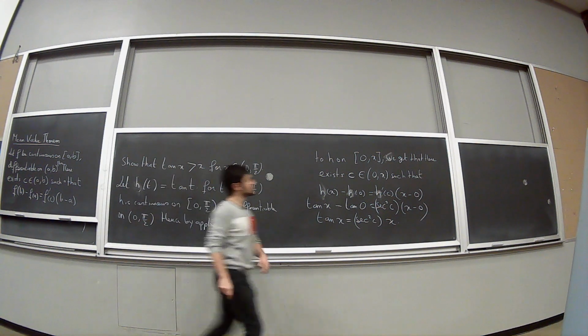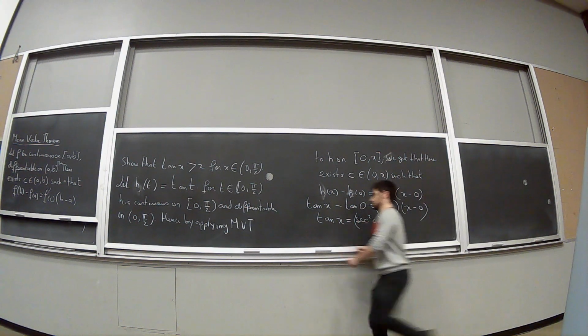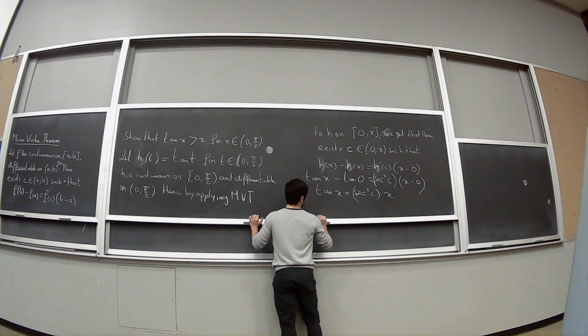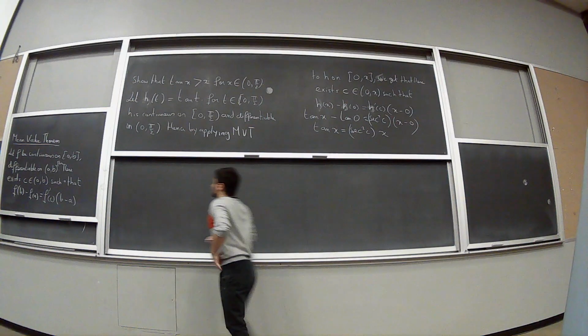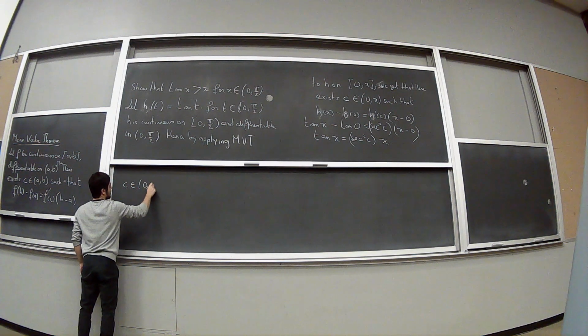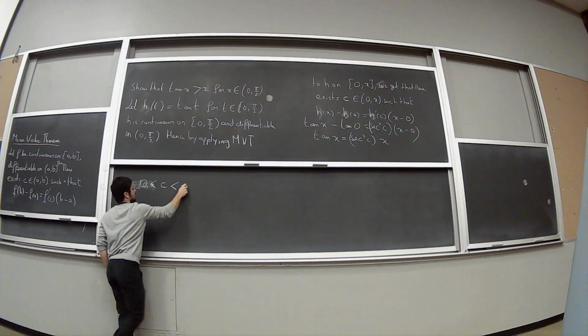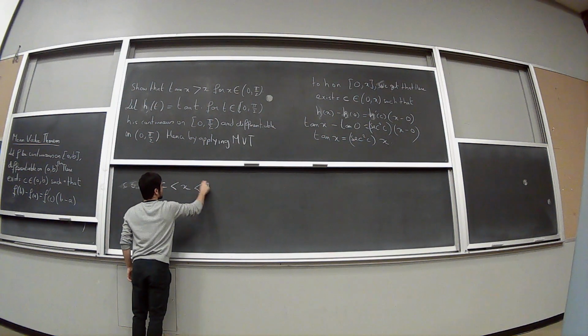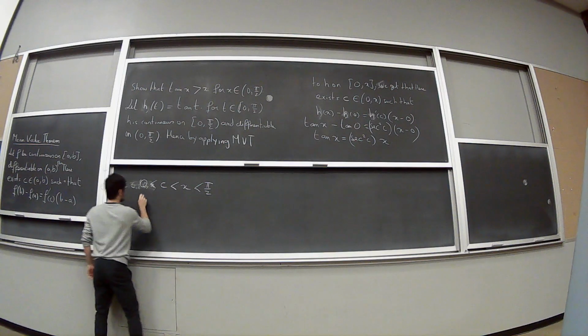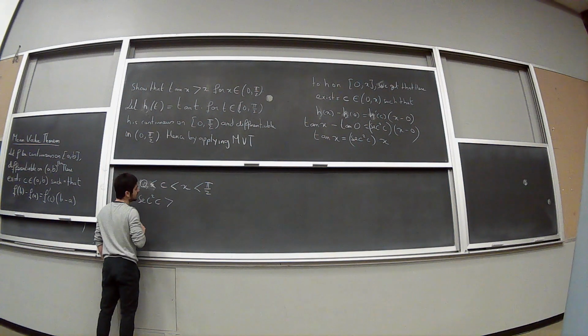Now, c belongs to the interval (0, x), so c is between 0 and x, which is less than pi over 2. So secant squared c is strictly bigger than 1.